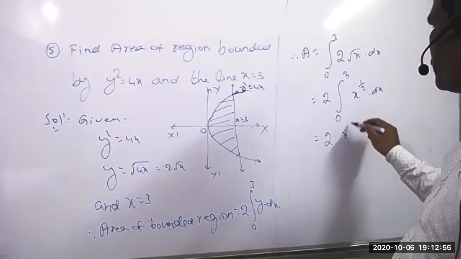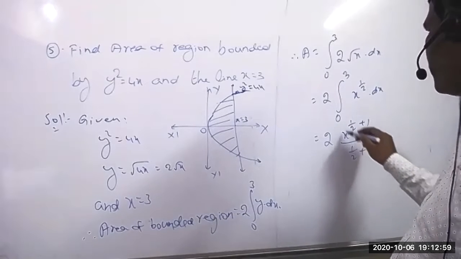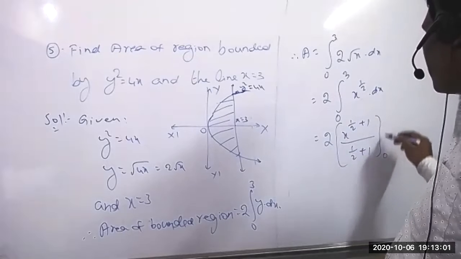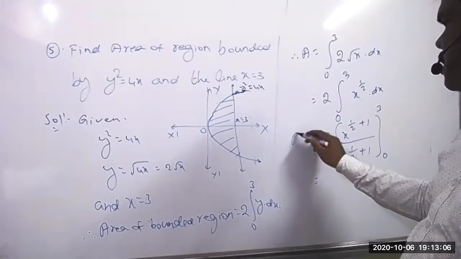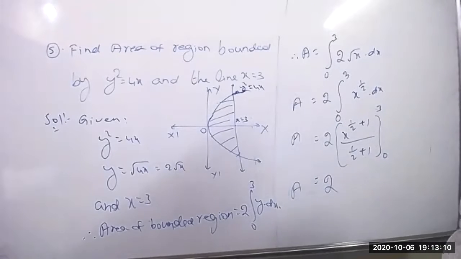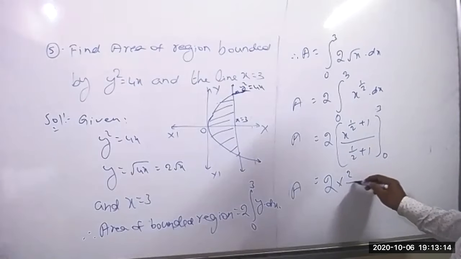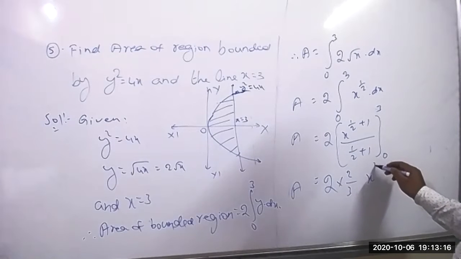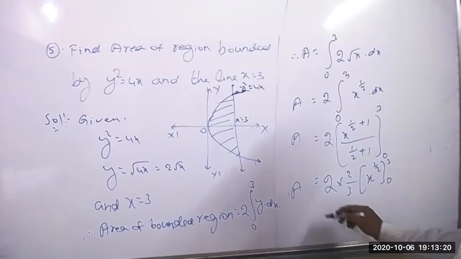So 2 into x power 1 by 2 plus 1 whole by 1 by 2 plus 1, from 0 to 3. Clearly 2 into x power 3 by 2, which is 2 by 3 x power 3 by 2, from 0 to 3.